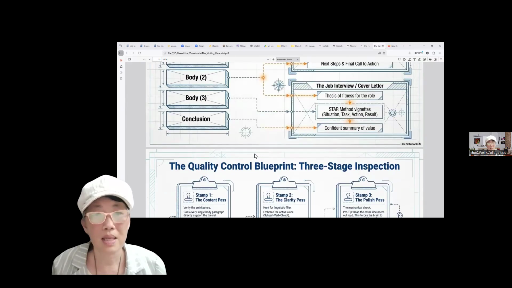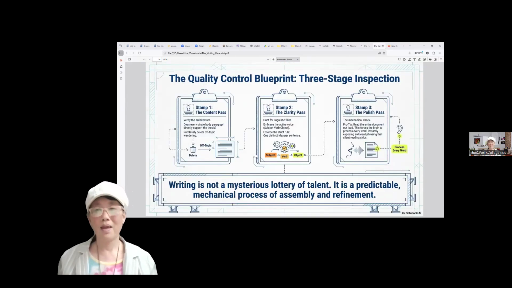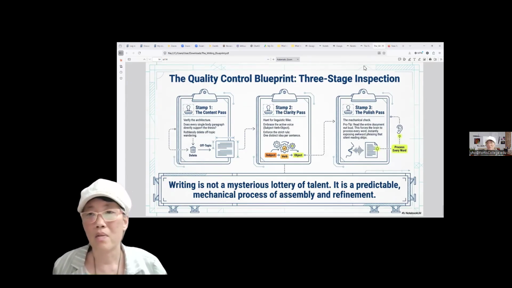Because the last step in the writing process is the revision or the rewrite. And so in a nutshell, that was Write Like a Pro Part 1 and Write Like a Pro Part 2.